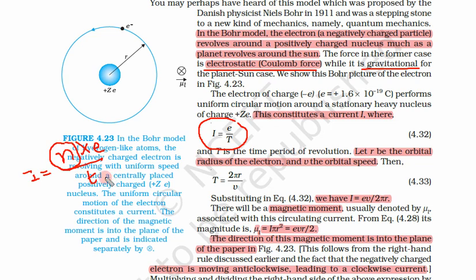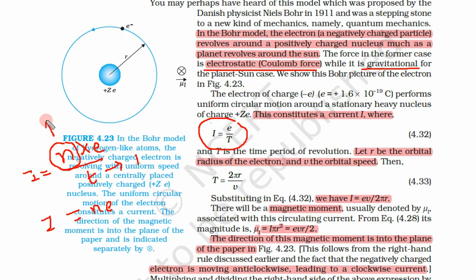What is this n? T we have already taken as 1 second, so it is moving in 1 second. So I is simply equal to ne when T is 1 second. So what is this n? It is moving n times, which means n becomes the frequency, because the number of turns in 1 second is the frequency.